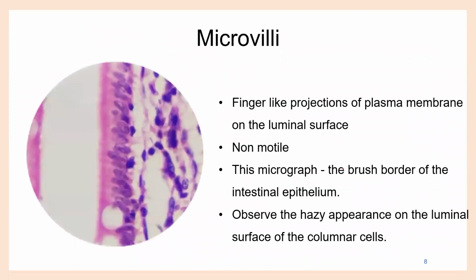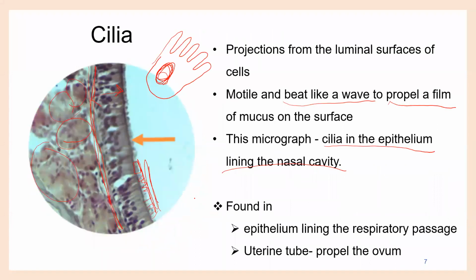And then microvilli here, of course, because this is a very high power view, I think this is 10 to the power 60. High power view. You can see the finger-like projections of the plasma membrane. Here you have the membranes coming like this, and in the center you have the filaments, right?